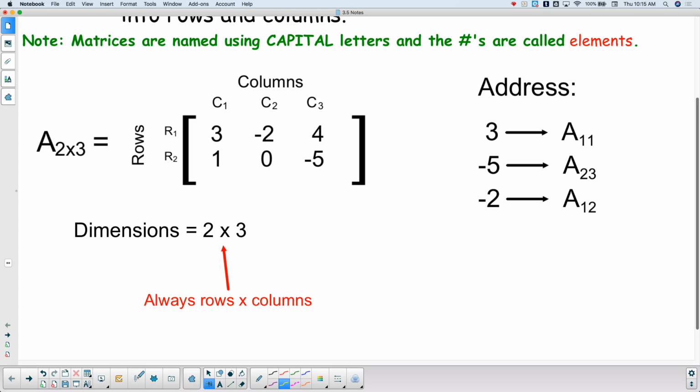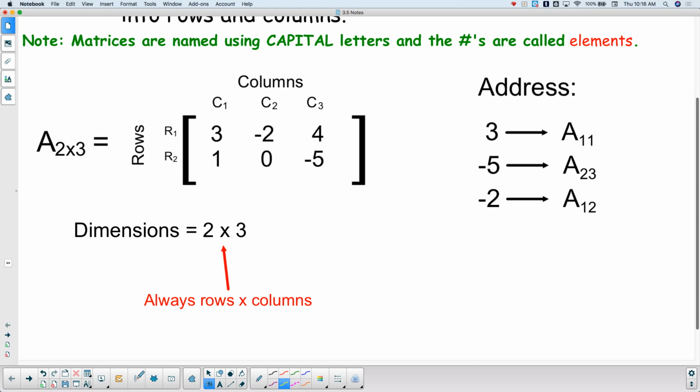Now, communicating a matrix to somebody else, you need to do 2 things to make it easier on that person. Because if I didn't have it visually up on the board, and I was to tell you what matrix A was, it'd be very hard for you to figure out the size.